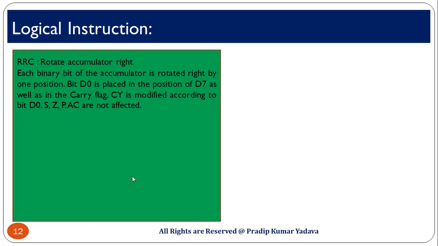One thing to remember, every rotate instruction works with the accumulator, so you only have to write RRC, RAL, and it works with the accumulator by default. You do not have to write the accumulator, because the standard format of this instruction is RRC, RAR, RAL, RLC.